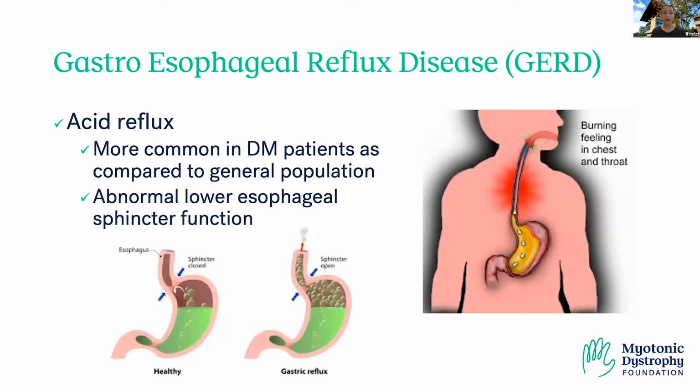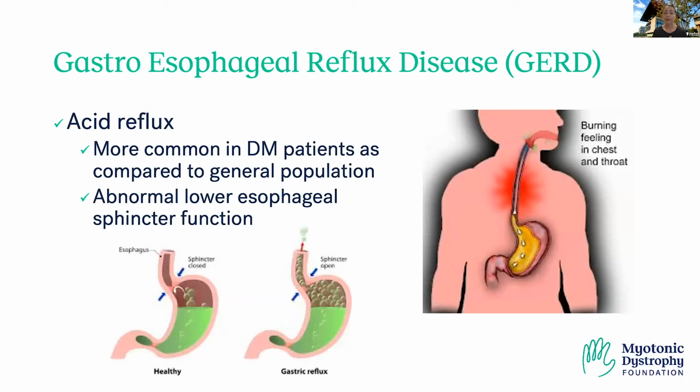Moving on, let's talk about acid reflux. As I told you, it's commonly seen in patients with myotonic dystrophy, in up to 40% of our patients, which is much higher than the comparable population, which is somewhere around 20-25%.